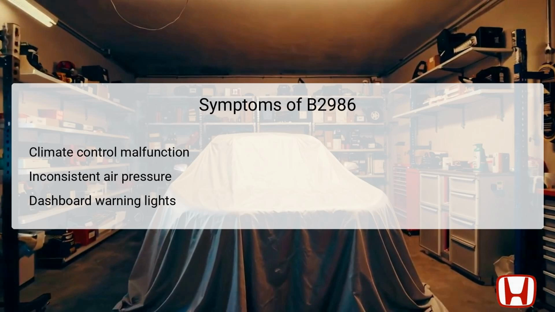Additionally, you may notice dashboard warning lights illuminating, alerting the driver to an underlying issue. Unusual noises from the climate control unit can also occur if the motor is struggling to operate. Addressing these symptoms promptly can prevent further damage to other climate control components.